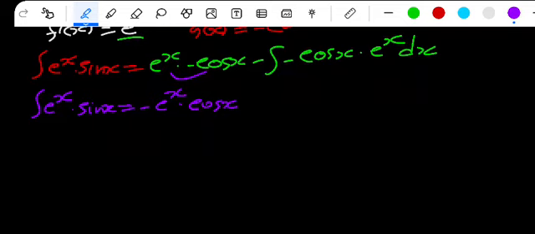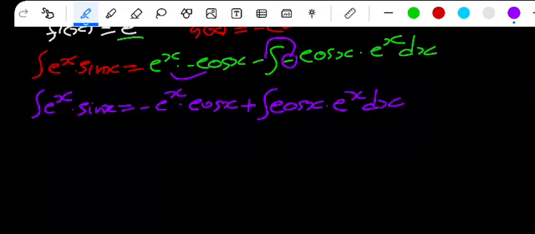Then let us take this negative outside of the integral, which will be what? Positive. Then here we'll have the integral of cos x multiplied by e^x dx. All right, so this is what we have.